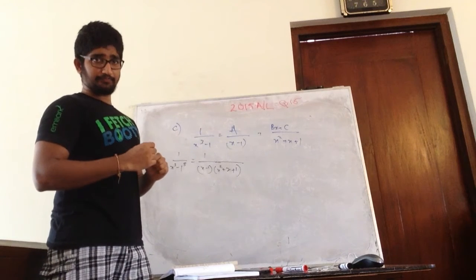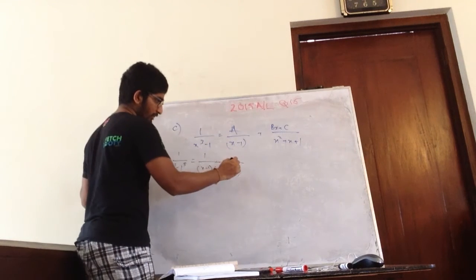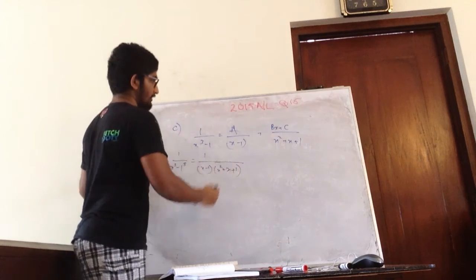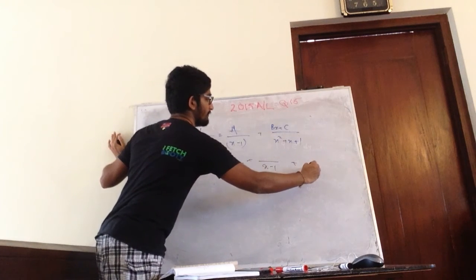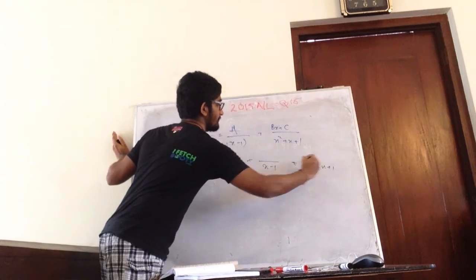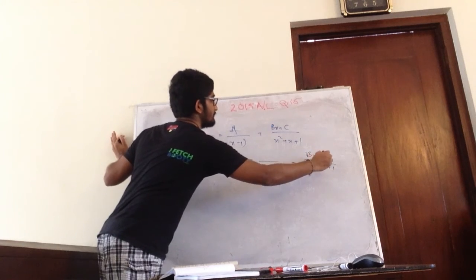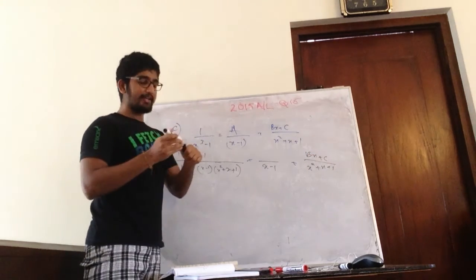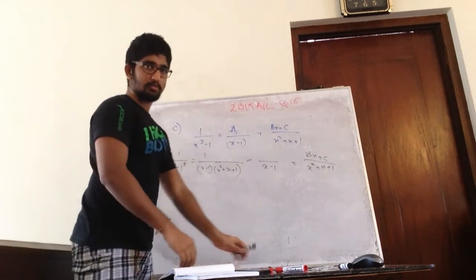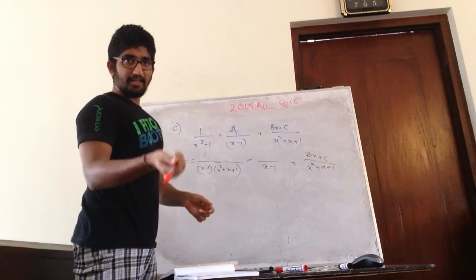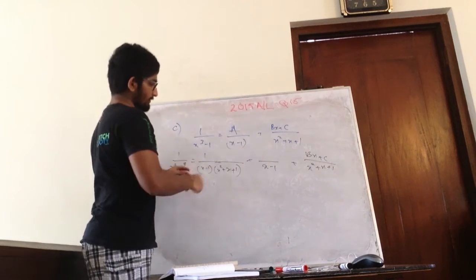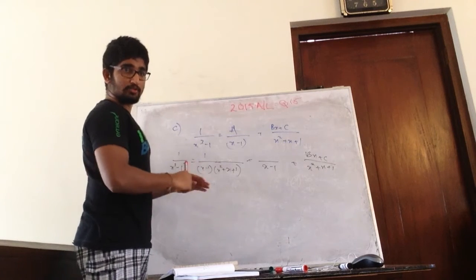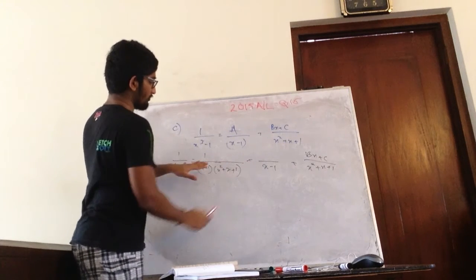So this is basically 1 squared, this is x. So this is x minus 1. So you can find A straight away by substituting: you need to cover this out and put x equals 1.